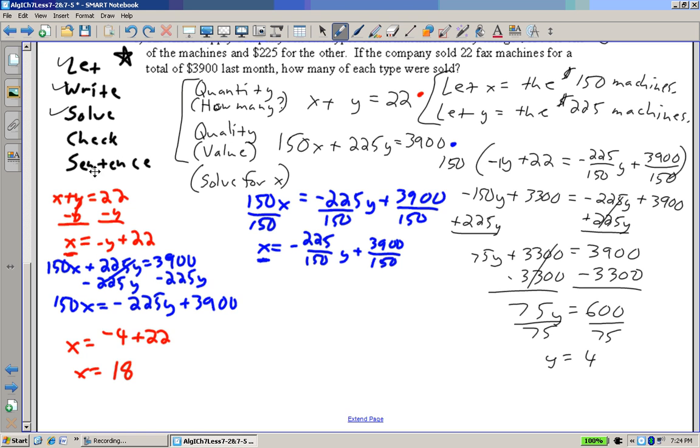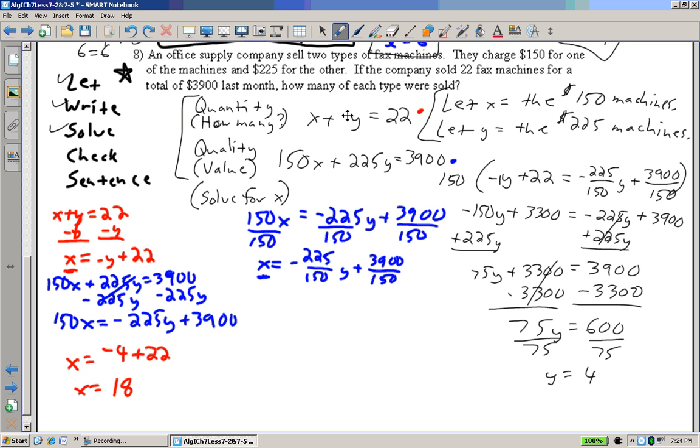But as we check, let's go back through and do the red and the blue separately. X, which is 18, plus y, which is 4, is supposed to be 22. Well, that works out. That's good.